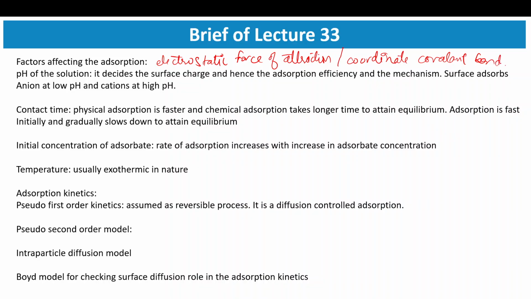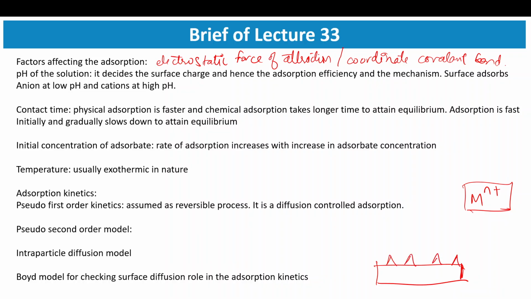These two are the major bond formations for chemisorption. Now, let's say you want to remove a heavy metal which has an Mn+ charge. So it is a cation existing in the water matrix, and your adsorbent has these active sites.